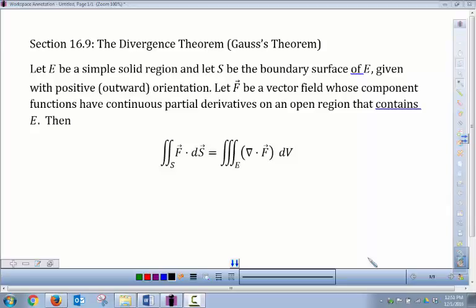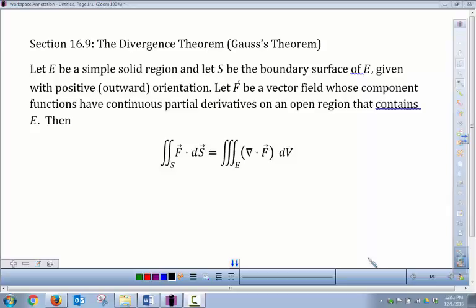I know from left to right it looks like we're going from a double to a triple integral, but if we want to think about the fundamental theorem of calculus, how we're taking the integral of a derivative of something, turns out that the div is like a derivative of something. So let's talk about this.